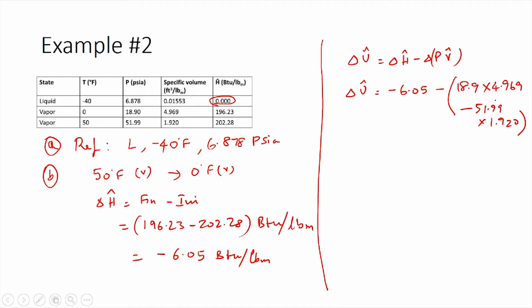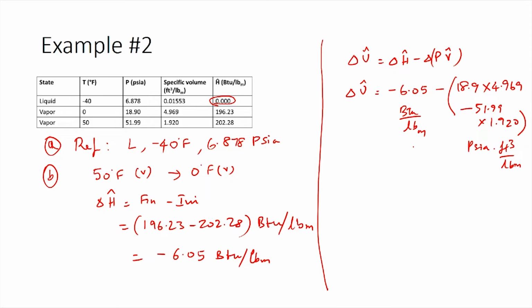This particular term, which is within the brackets, would have the units of PSIA times feet cube per pound mass, whereas the units for delta H cap were BTU per pound mass. So, this unit conversion needs to be done.